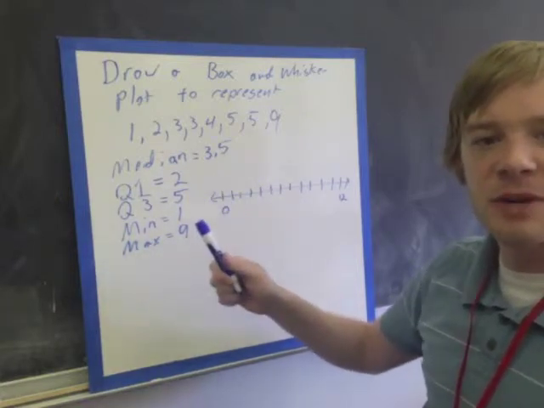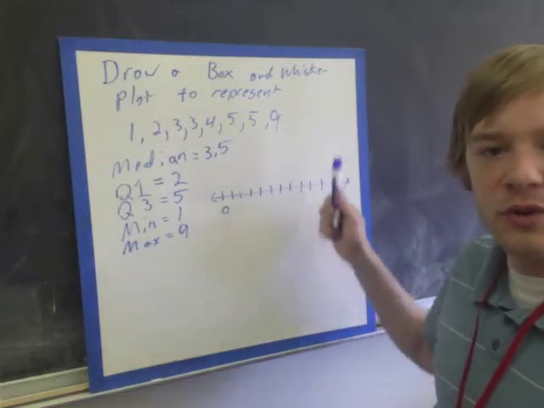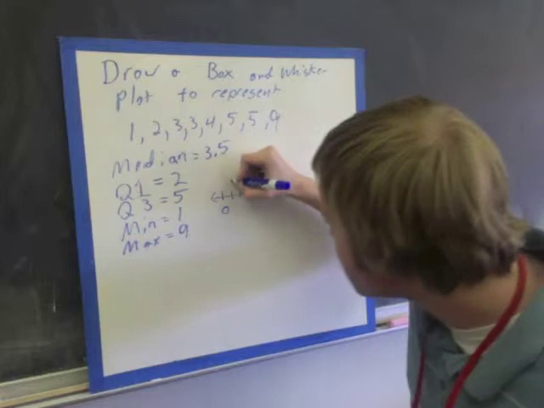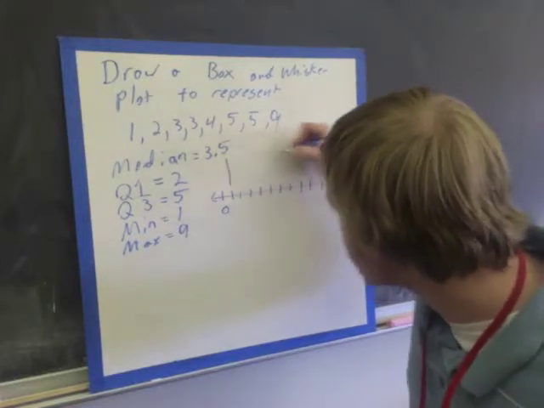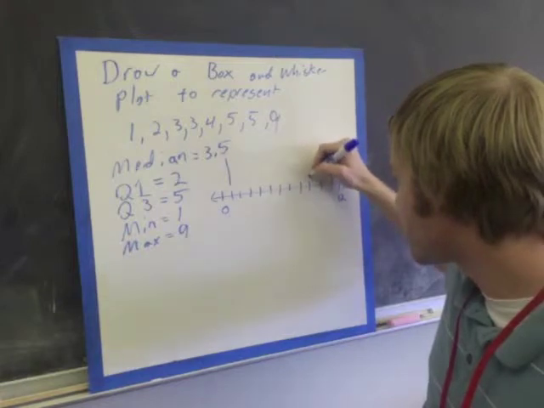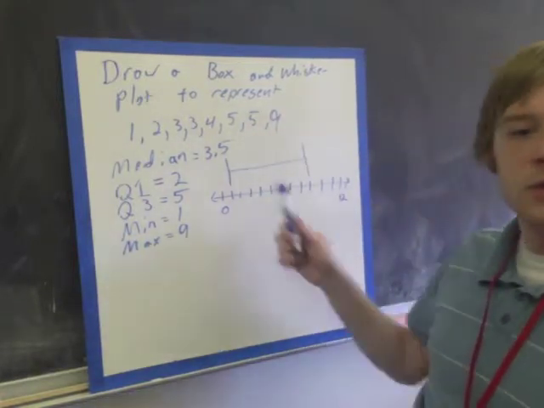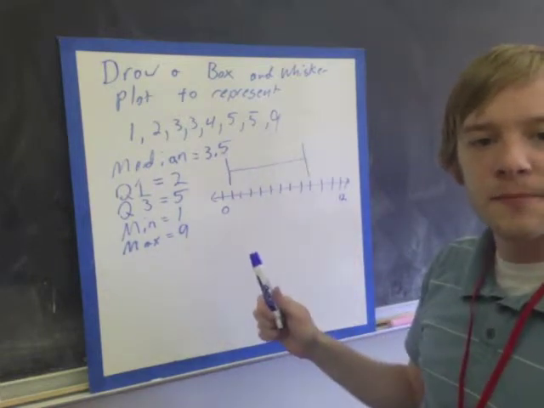So first off, my minimum is at 1 and my maximum is at 9. So I'm going to draw a vertical line at 1, vertical line at 9. So we connect them like we see there.